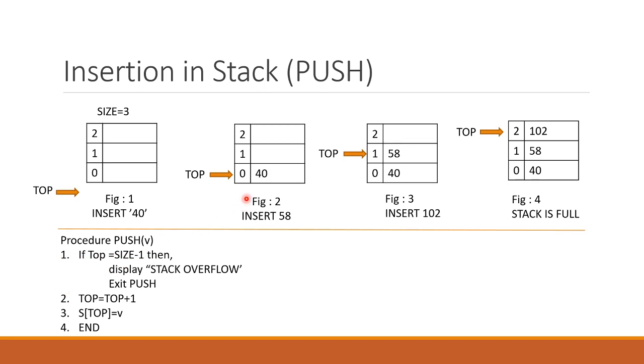The second step says to increment the value of top by 1. So top is pointing at 0, it will be incremented to 1. Now we have to add the data stored in the V variable wherever the top is currently pointing. So top is pointing at the first location, and we will add the 58 at the first location into the stack.